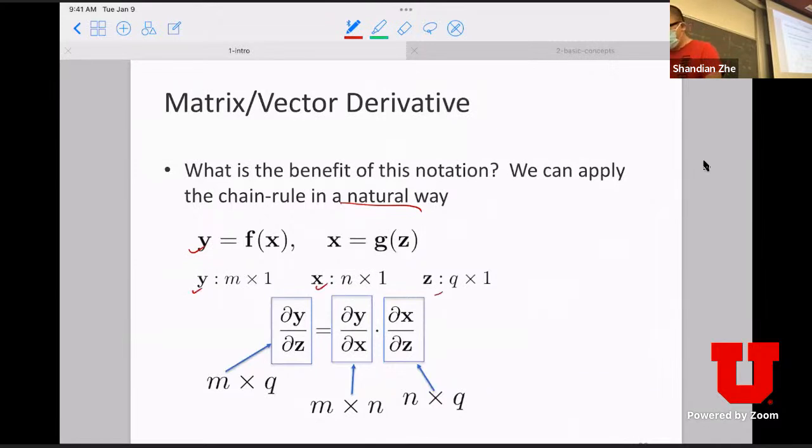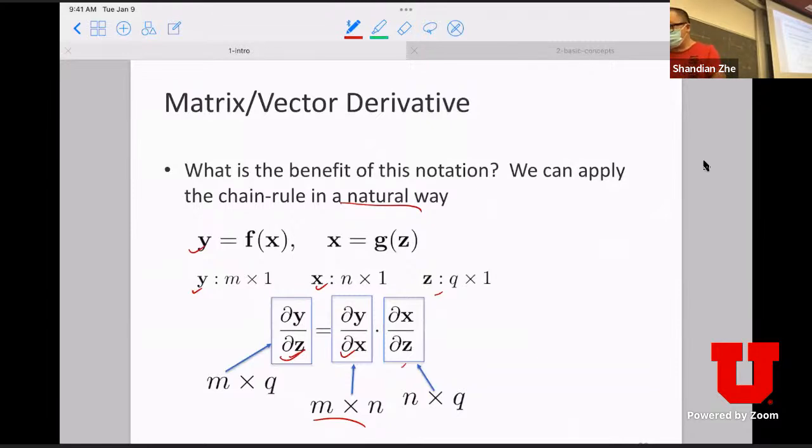If you want to calculate partial Y over partial Z using the Jacobian as defined as a gradient, you can just apply the chain rule left to right, right? You calculate partial Y over partial X, and then times partial X over partial Z. Because partial Y over partial X, according to our definition, will be m by n, and partial X over partial Z will be n by q. You multiply them together, you get an m by q Jacobian, which is our partial Y over partial Z. Right? This is very natural.